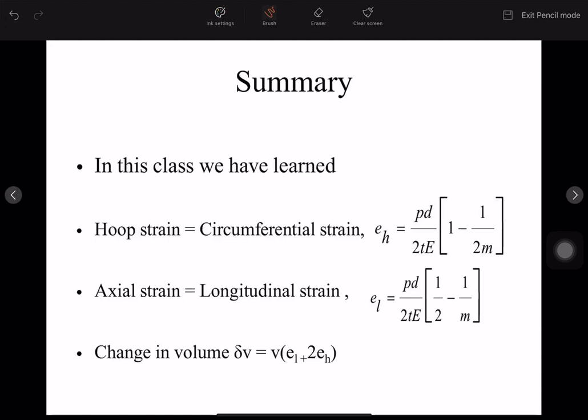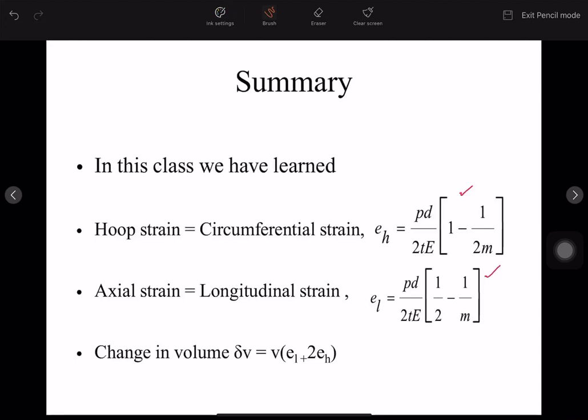So before concluding this tutorial, let's see the summary, I mean what all we have studied in this tutorial. In this class we have learned circumferential strain or hoop strain, the equations we have seen, and also some numericals based on such strain values.